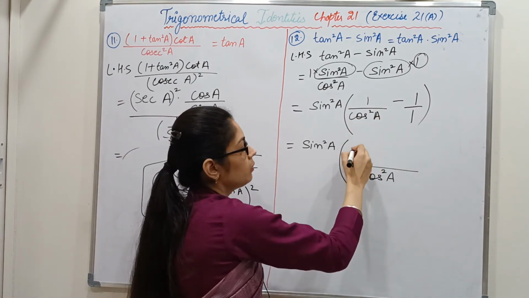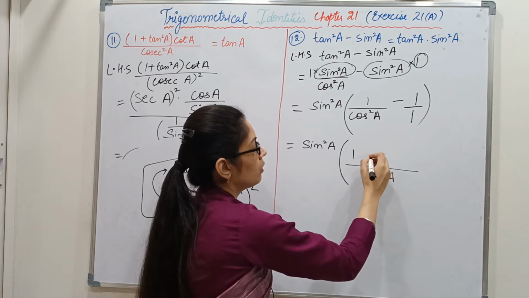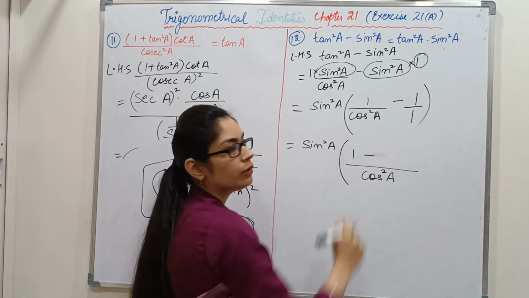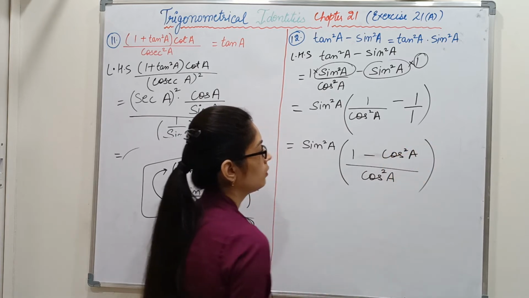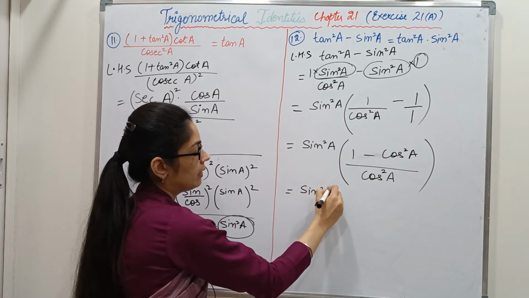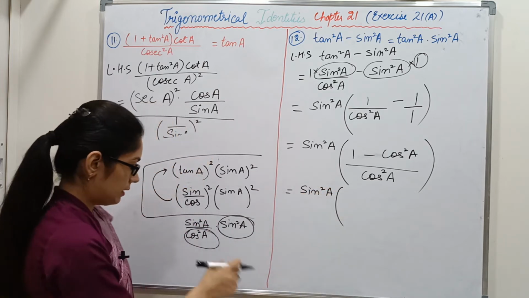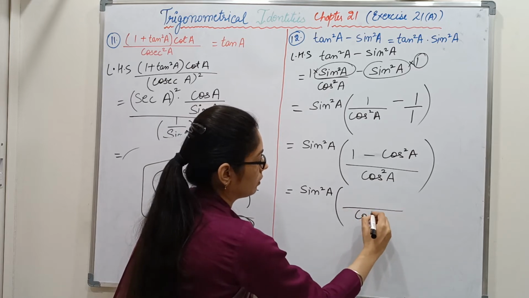So 1 into 1, 1, minus sign as it is. Cos square A into 1 is cos square A. Sin square A, I got it. And here if I see, now this also, cos square A, I have got it.